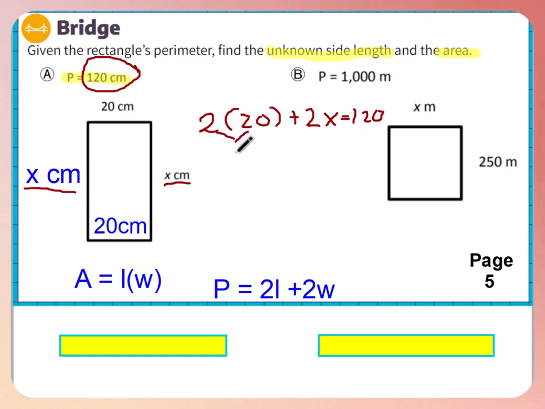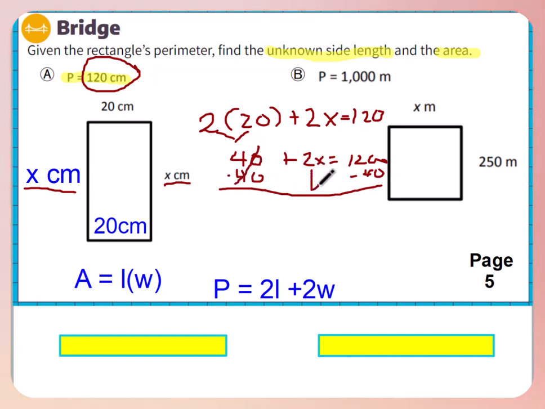2 times 20 is 40. 40 plus 2x equals 120. Subtract 40 from both sides. Minus 40, minus 40. This is going to cancel. Bring down the 2x.